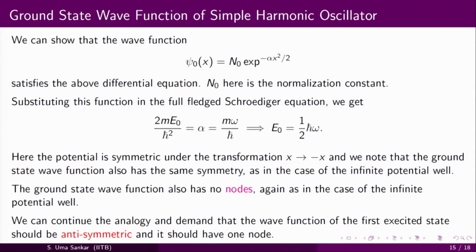And I substitute this guess of wave function in the full-fledged Schrodinger's equation, and I get the corresponding energy eigenvalue 2m E naught by h bar square is equal to alpha, which of course is m omega by h bar, which means the lowest energy eigenvalue E naught is half h bar omega.